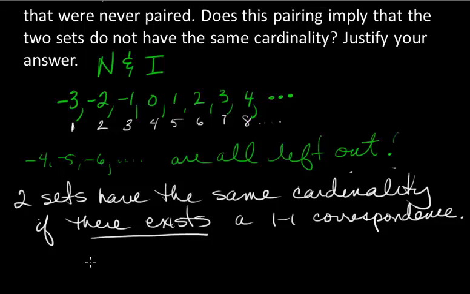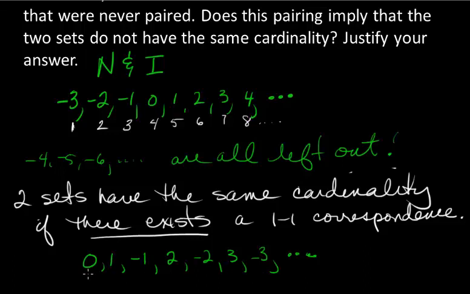How about this list right here? 0, 1, -1, 2, -2, 3, -3, etc. Here is an infinite list, a natural one-to-one correspondence with the natural numbers, and every integer is on that list exactly one time.